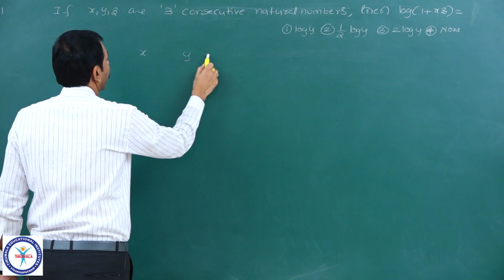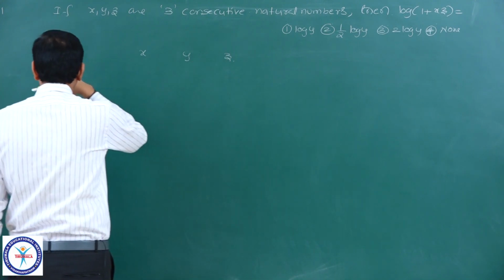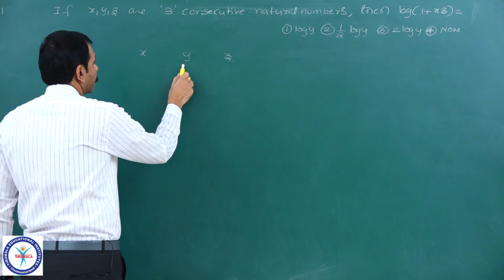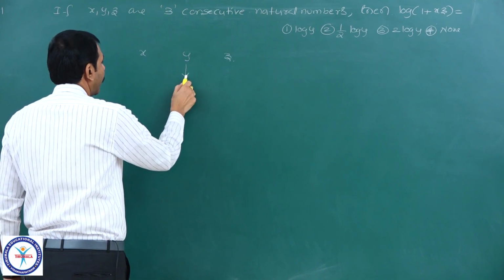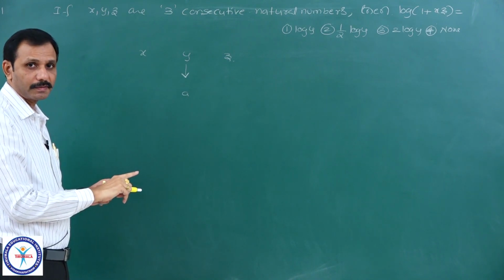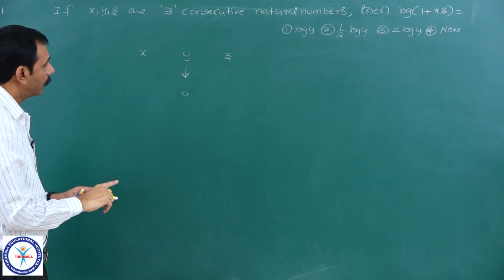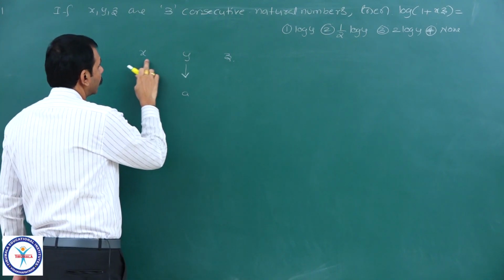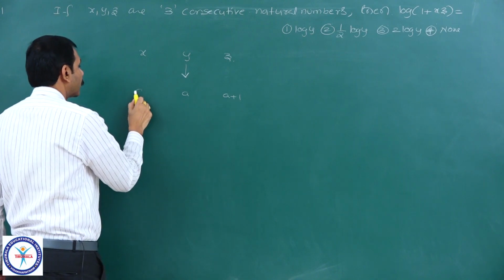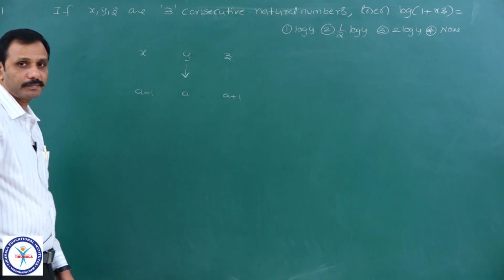x, y, z are given as 3 consecutive natural numbers. See here what I will do. Suppose I take y is equal to small a, where small a is a natural number. Because these 3 are consecutive, z will become a plus 1 and x will become a minus 1.